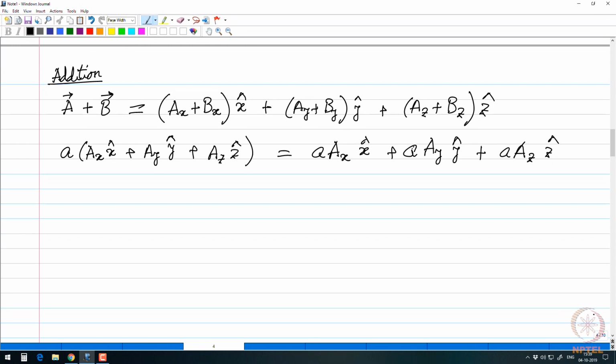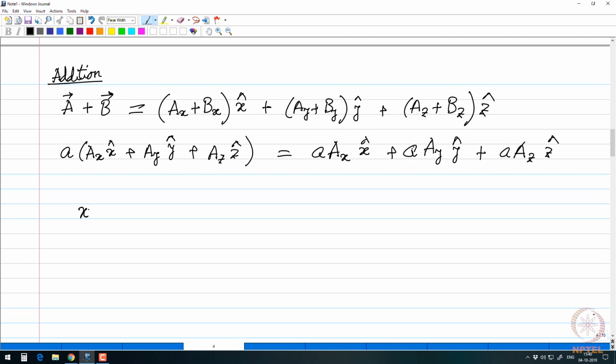So, we have in the Cartesian coordinate system x cap, y cap and z cap, they are mutually perpendicular. These are orthogonal vectors, and the magnitude of all these vectors, that is unit vectors, is 1.